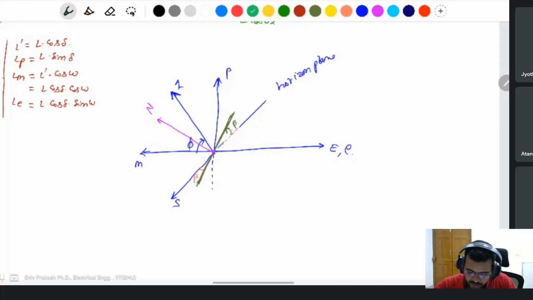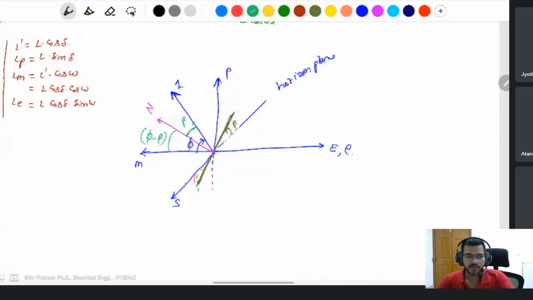South to Z, the zenith angle, is displaced by 90 degrees, and this one is displaced by 90 degrees. Then n will be displaced at 90 degrees through the panel. That's why this angle will also be beta, because of the same difference between south and the panel and normal to the Z axis. That's why this angle is the total angle phi. This one will be beta, and this angle is phi minus beta.